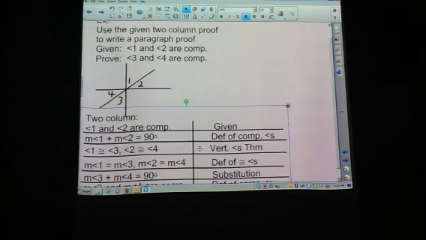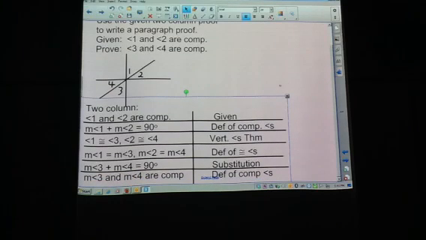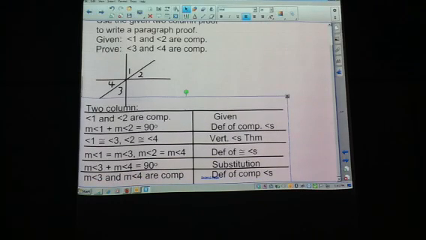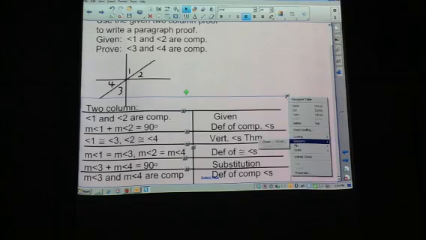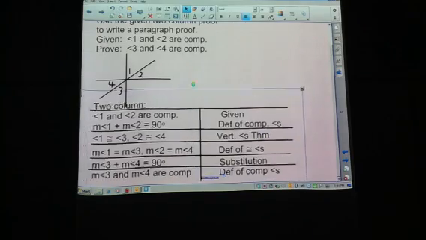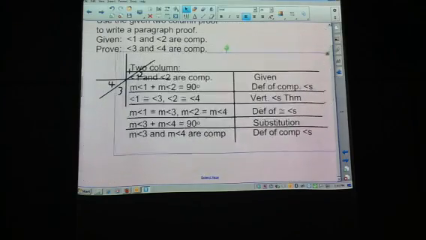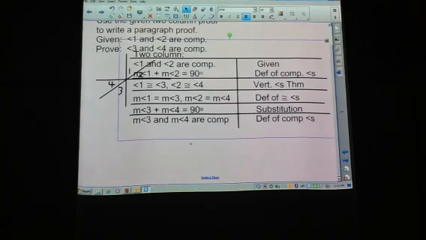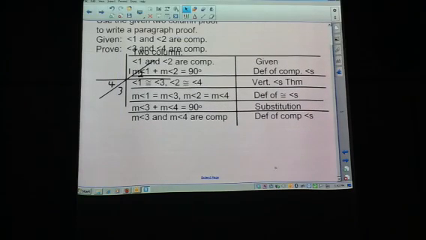Looks like we're going to be given a 2-column proof, and we're going to try and write that as a paragraph proof. Okay? So I'm going to try and just move this up. Maybe I need to highlight all that, get it all in there together. Group it. And I think I'm going to move that on up out of our way a little bit. Hopefully we can still read it, because I'm going to have to write it as a paragraph down here.